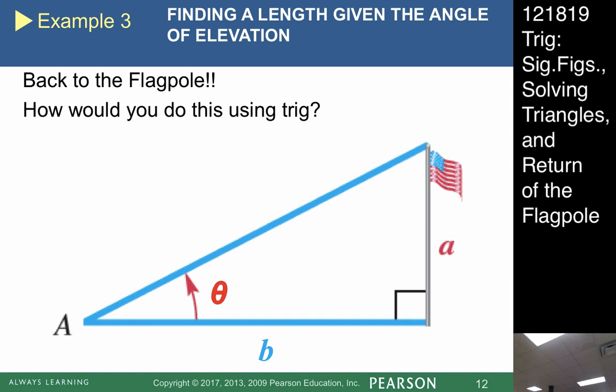36 to 90 is a lot easier to solve. So wait, this is the cosine? Yeah, it would be adjacent. Okay, so the cosine of 30 equals C over... no, it would be adjacent.